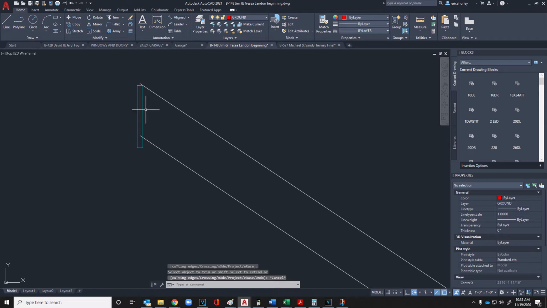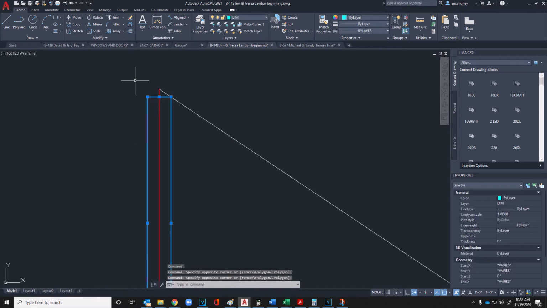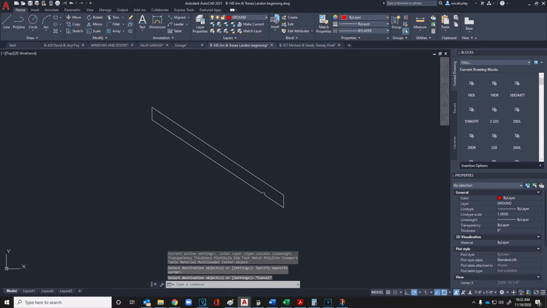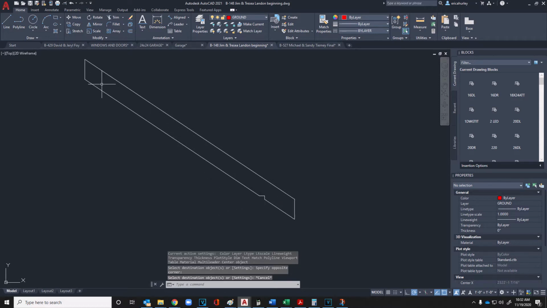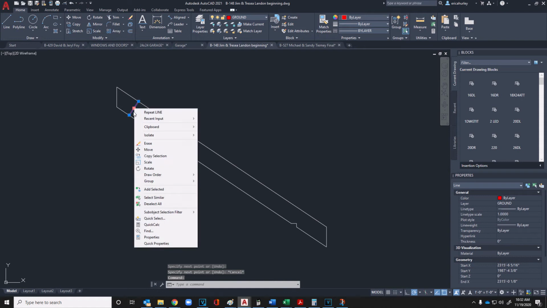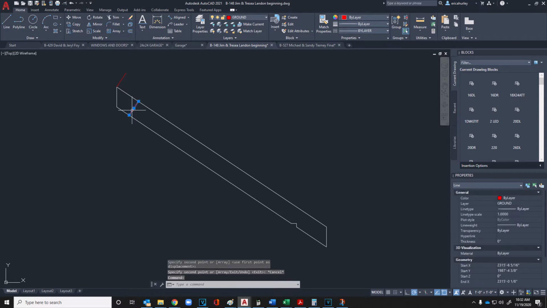I've laid this piece of wood out like that, and let me explain what I'm doing here.